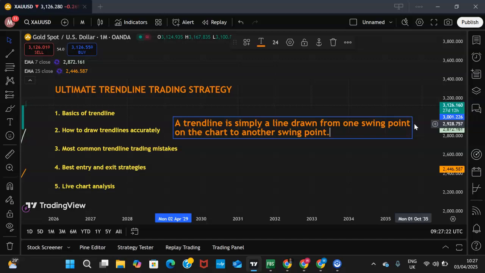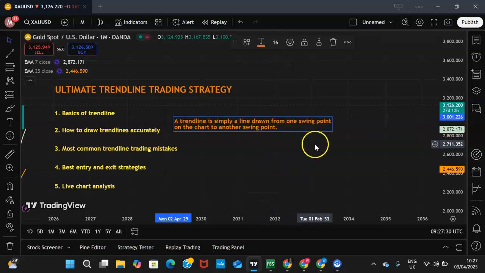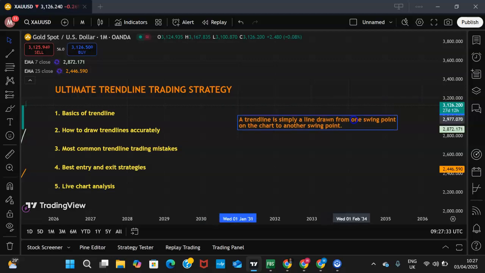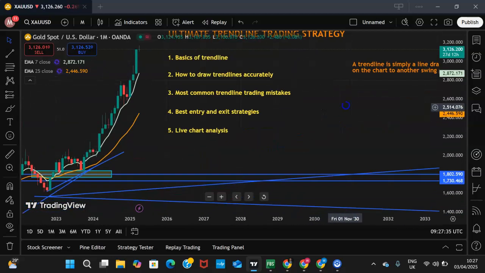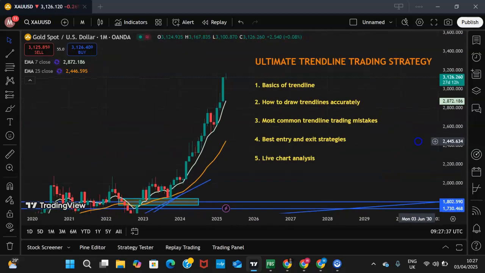Now, what this basically means is that when you are drawing trend lines, you're literally connecting one side of the chart to another.